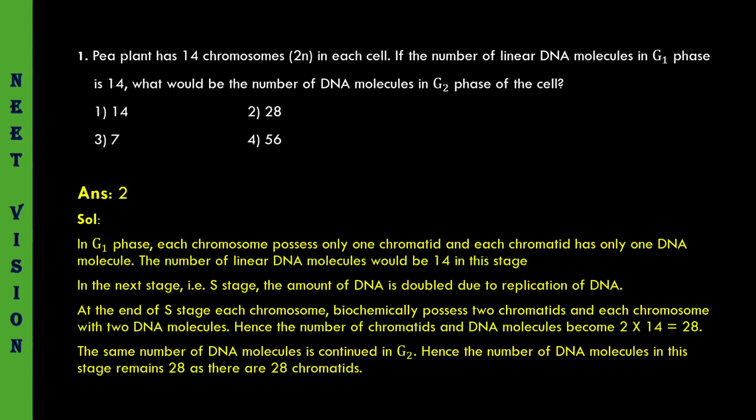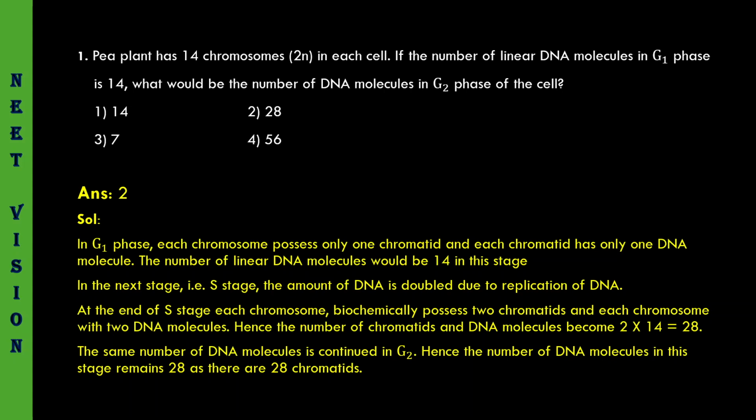In G1 phase, each chromosome possesses only one chromatid and each chromatid has only one DNA molecule. The number of linear DNA molecules would be 14 in this stage. In the next stage, that is S stage, the amount of DNA is doubled due to replication of DNA. At the end of S stage, each chromosome possesses two chromatids and two DNA molecules.